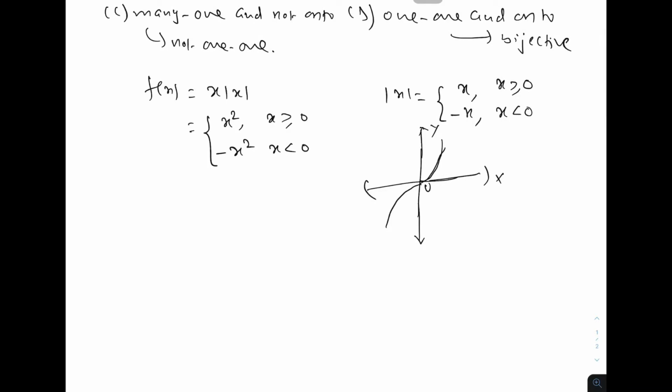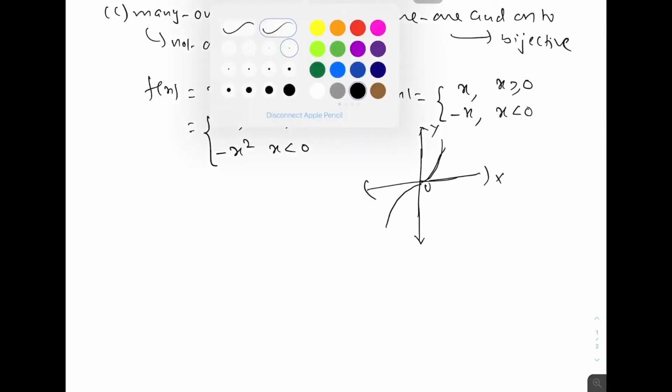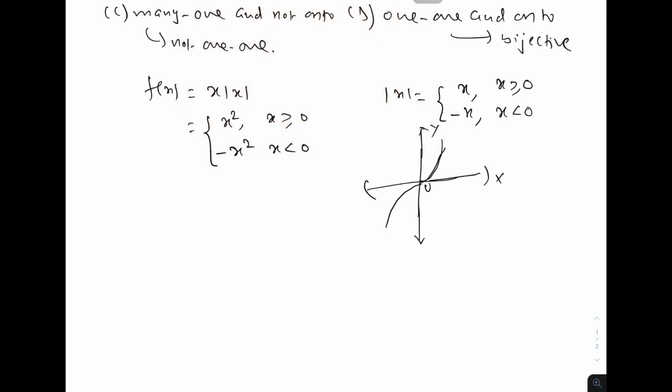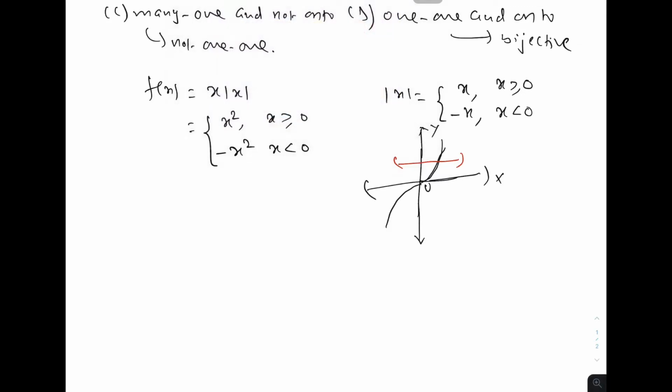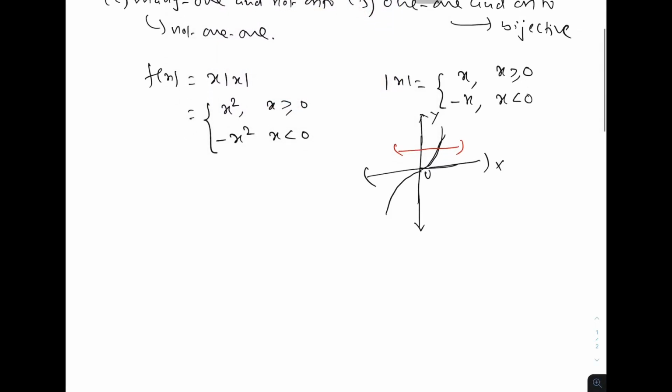And so you can see that even from the graph, if you draw a horizontal line and it cuts at only one point, then the function is one-one. And here you can see that it covers all the points between minus 1 to 1. That means it is onto also.